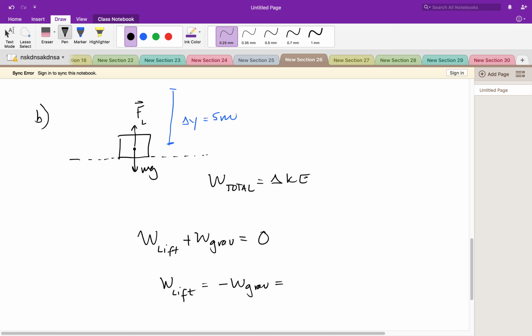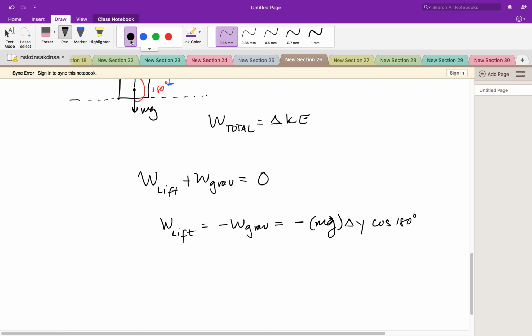So this is going to be negative the gravitational force, which is mg, times delta y, times cosine of 180 degrees, because the angle between delta y and mg is also 180 degrees.